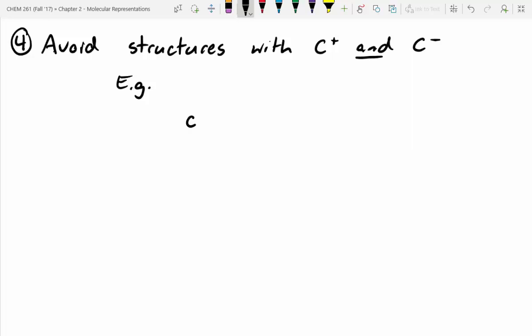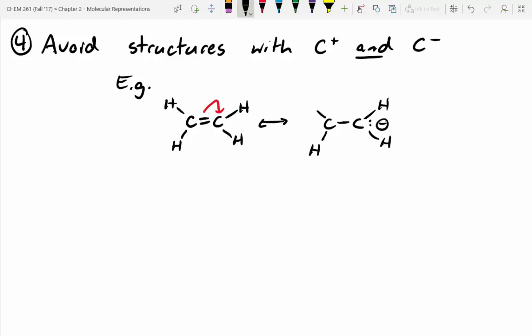So a good example of this would be ethylene, where you've got a carbon-carbon double bond. You're technically not breaking any resonance rules by moving this pi bond over to a carbon. If you do that, though, this carbon on the right now has a negative charge, and the carbon on the left has a positive charge.